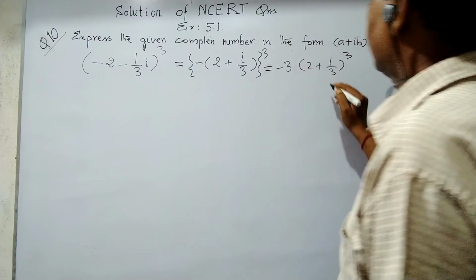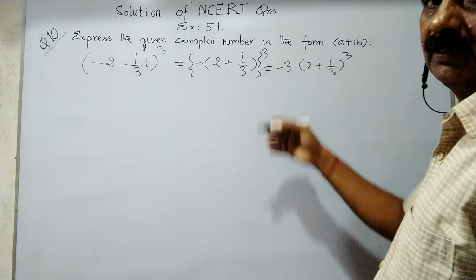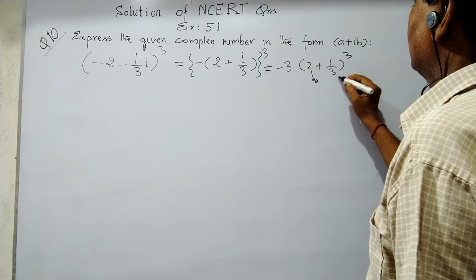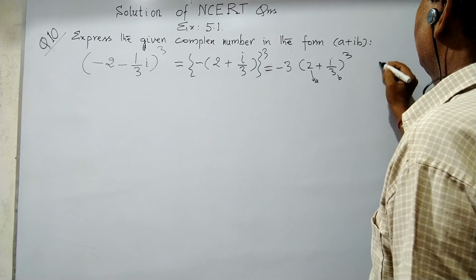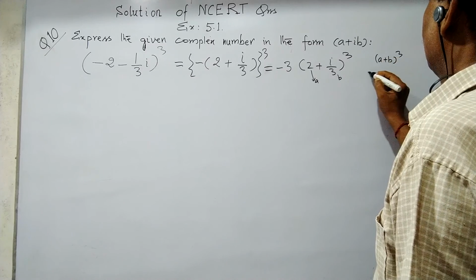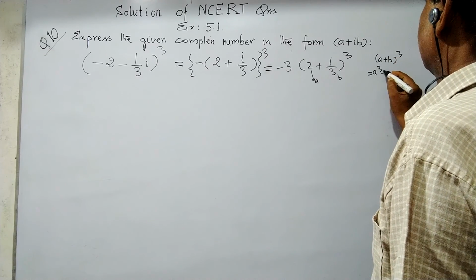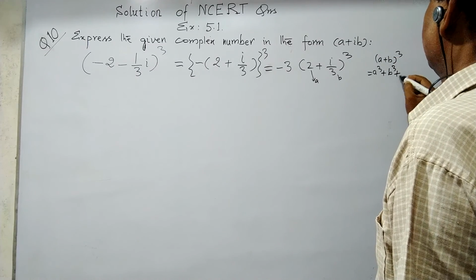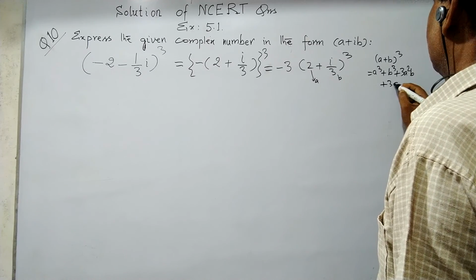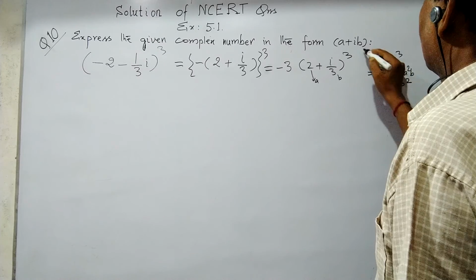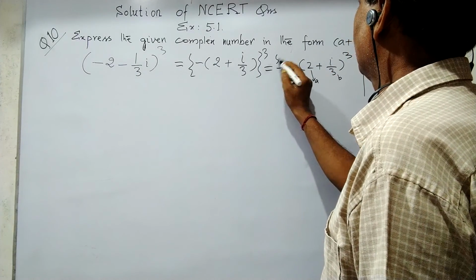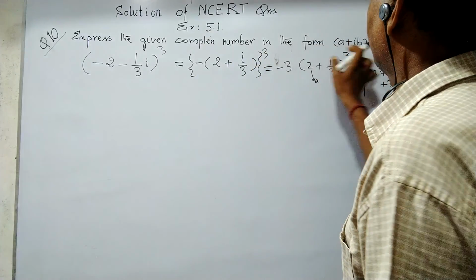Then we have just studied in the previous question, take it as a, take it as b, then we know that (a + b) whole cube equals a cube plus b cube plus 3a square b plus 3ab square. Okay, then according to this formula we just put, and we have taken minus to the power cube.